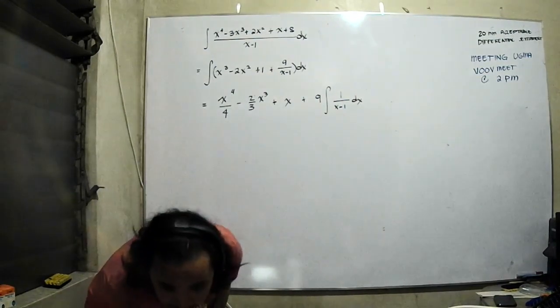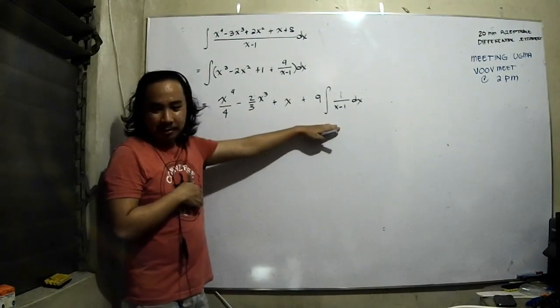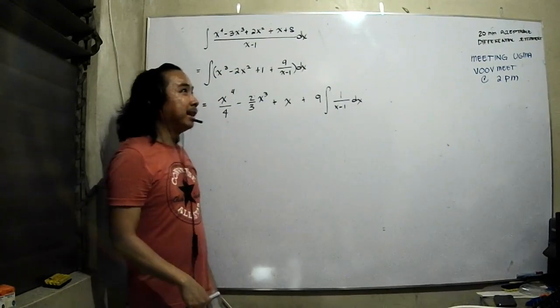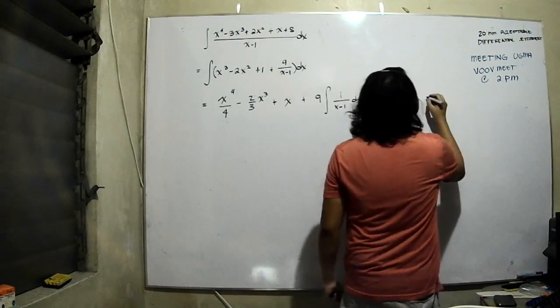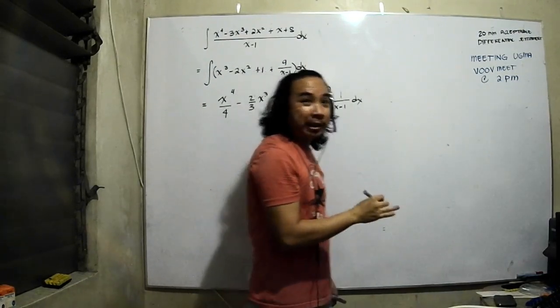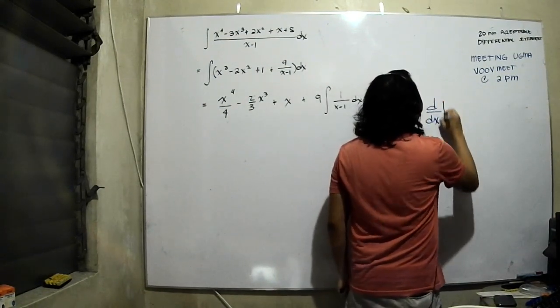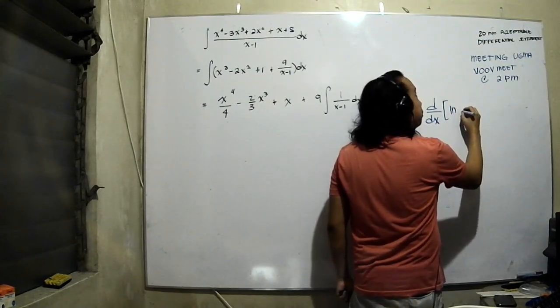We haven't been taught the logarithmic expression yet? Okay, fine. I forgot to teach this to you, so I'll derive it on the spot. Okay? Sorry. So this is dx. We have ln u, right?